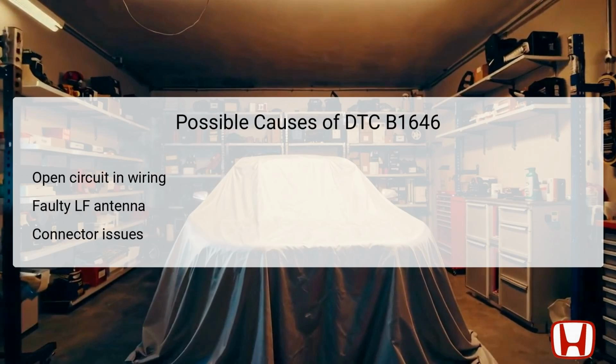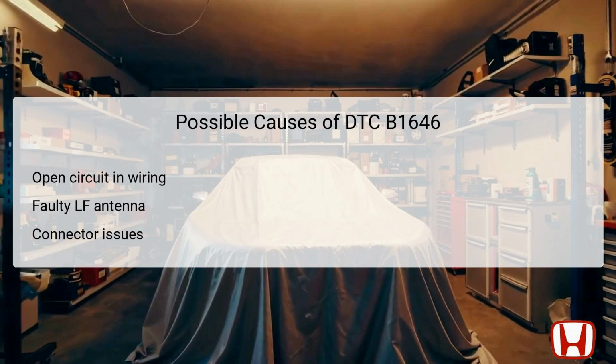Several factors can lead to the occurrence of DTC B1646. Firstly, an open circuit in the wiring could disrupt the signal from the driver's door LF antenna to the keyless access control unit. Such wiring issues might be caused by physical damage or corrosion over time.